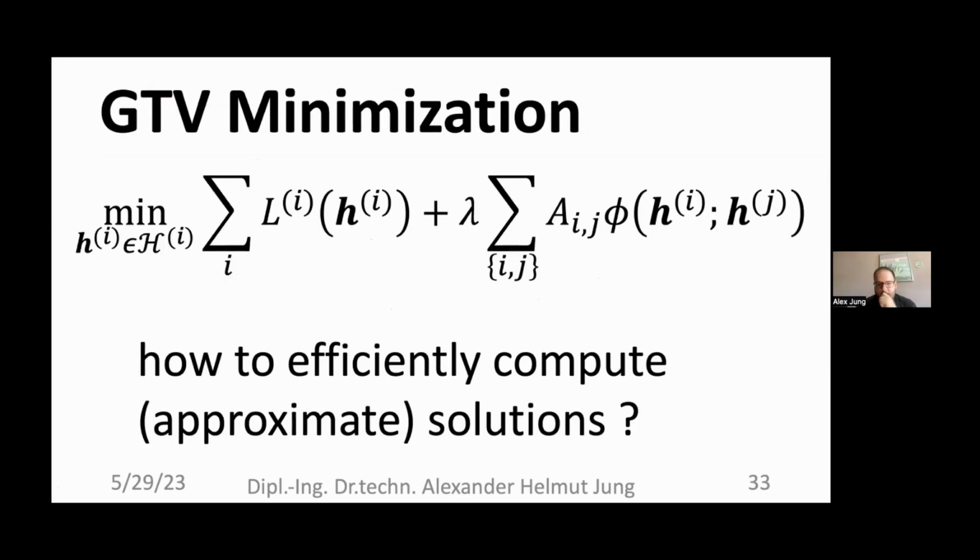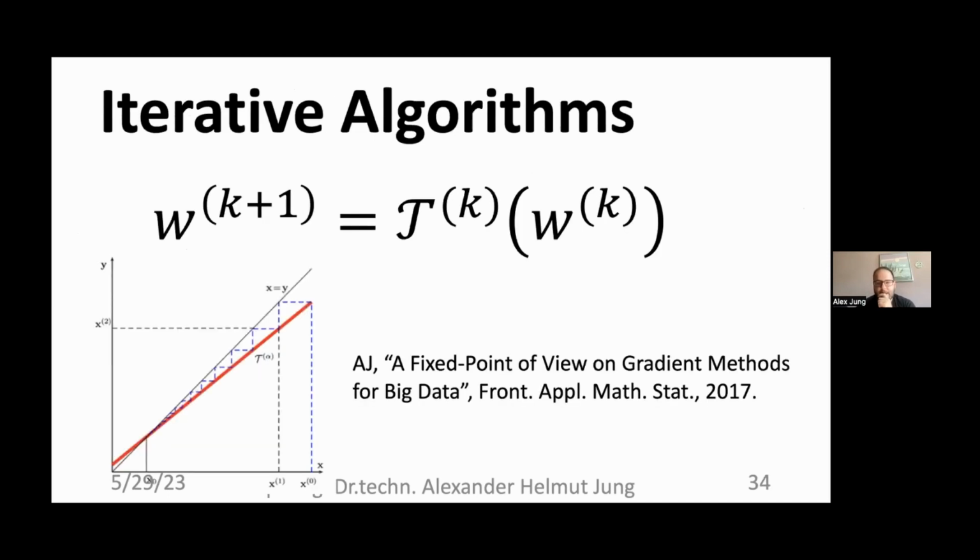Okay, so now that I talked about this basic duality, and this duality could be used to characterize the solutions, the next question is, how to actually compute the solutions? So how to efficiently compute or approximate solutions? And my favorite approach always is to formulate the computational problem as a fixed point iteration.